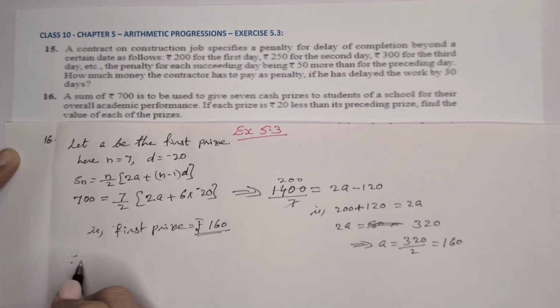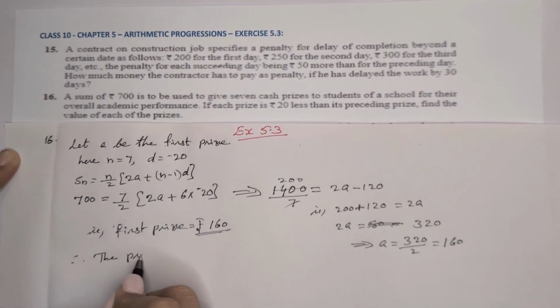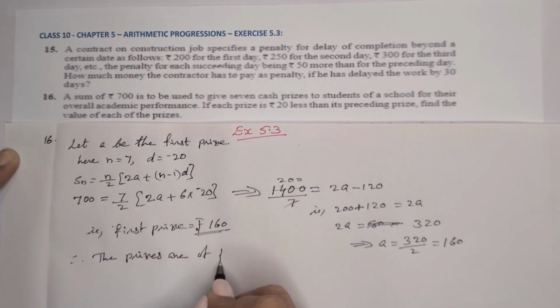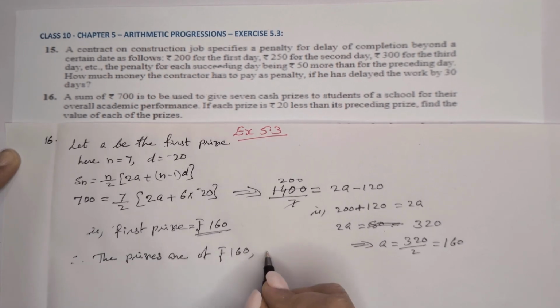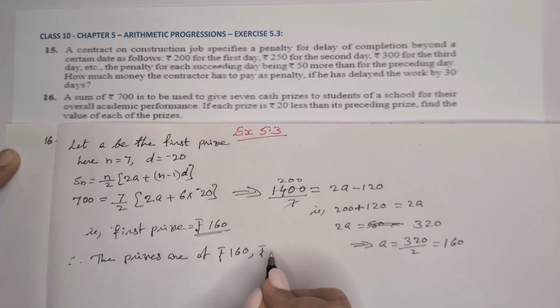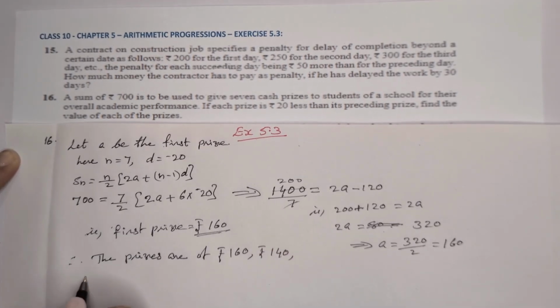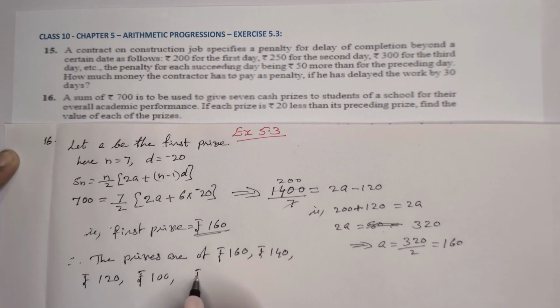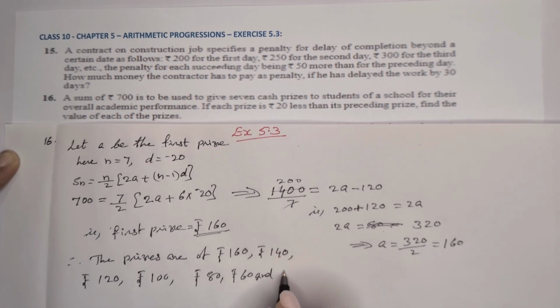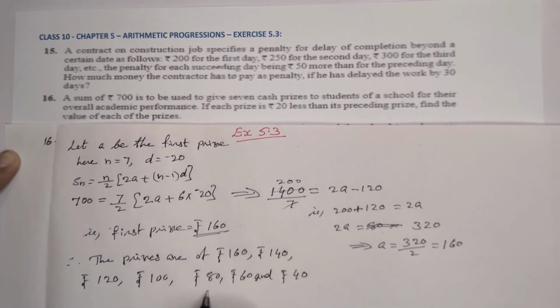So we can write, therefore, the prizes are of rupees 160, then 20 less, so it will become 140, then rupees 120, 100, 80, 60 and 40.